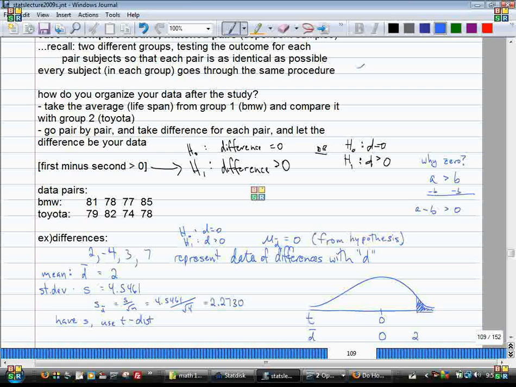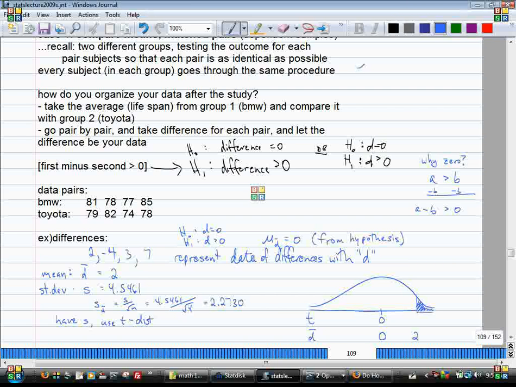Remember hypothesis tests? Where does that 2 come from? It's the mean, the mean D bar.